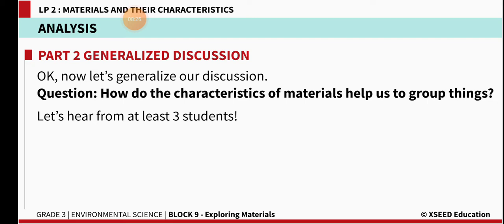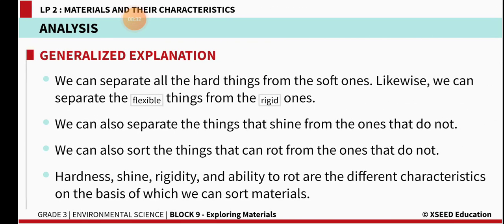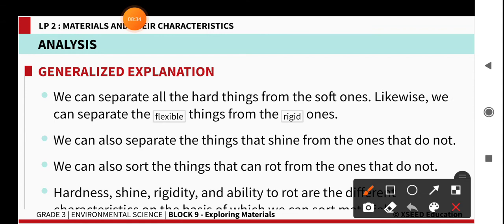Like this, you are able to group them based on their characters only, right? So we can separate all the hard things from the soft things. In the same way you can separate flexible things from the rigid things. Rigid means which cannot bend, flexible means which can bend.